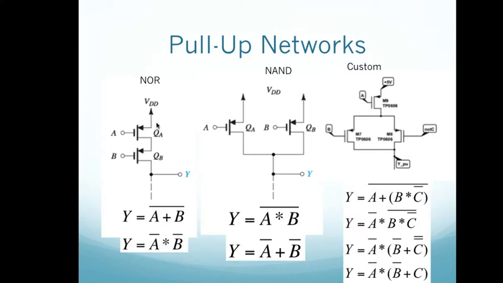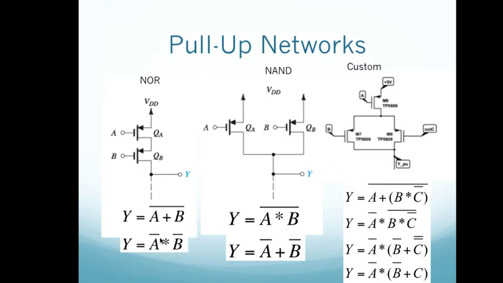So again, AND is two series things. So Y is active when A is low, which causes QA to be in triode region, and when B is low, which causes QB to be in triode region. So here we have the inverted, or the complement, of our inputs.